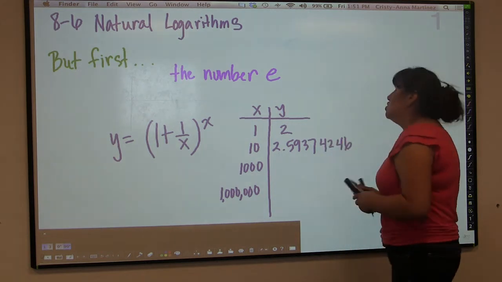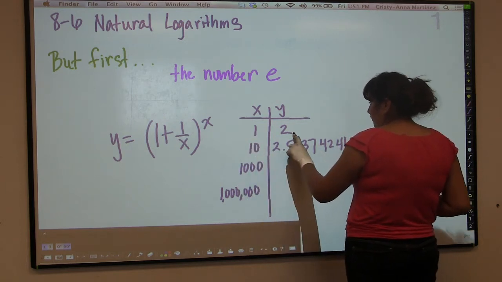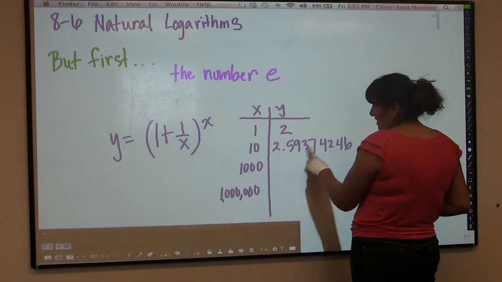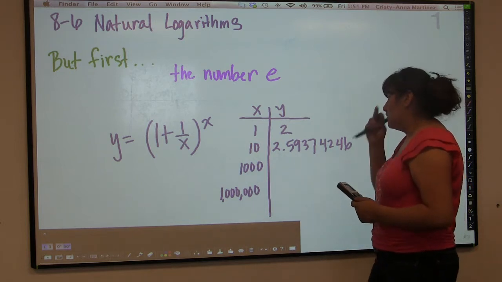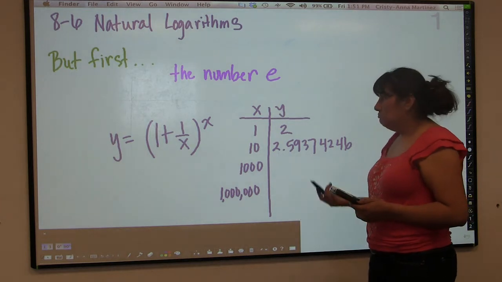Alright, so you went from an x value of 1 to an x value of 10, and the y value went from 2 to 2.59, roughly, okay? So we would expect that maybe when you get to 1,000, it's going to jump a lot higher. We'll see.